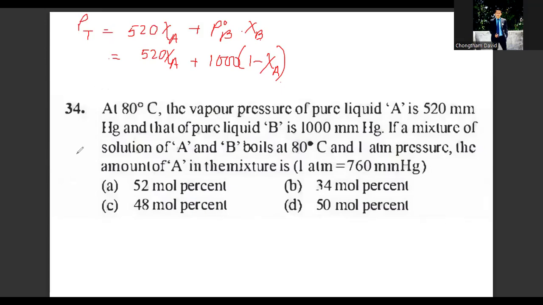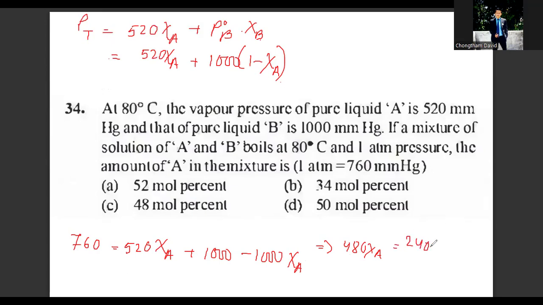So what happens here? Total vapor pressure is given to you. It is 760 equals, you multiply this with the mole fraction XA plus 1000 minus 1000 A. So 480 mole fraction of A will be equal to 240.